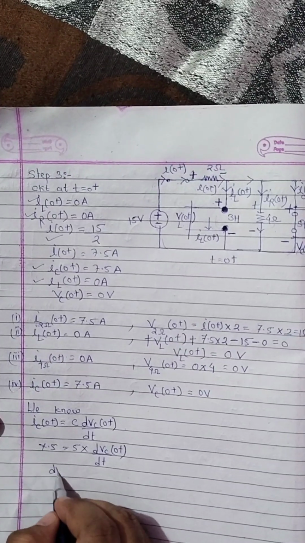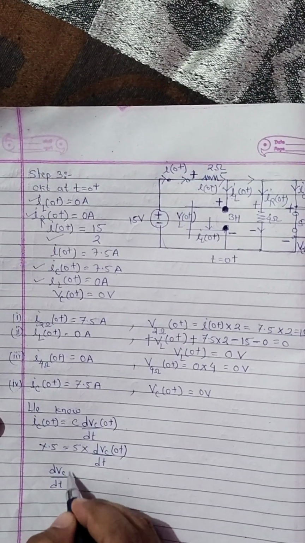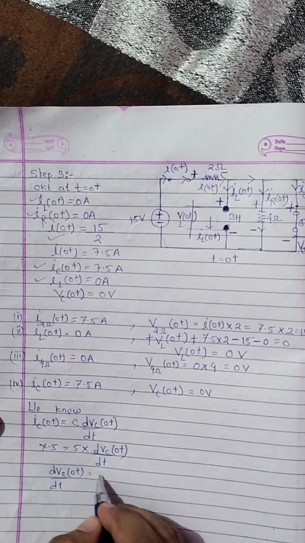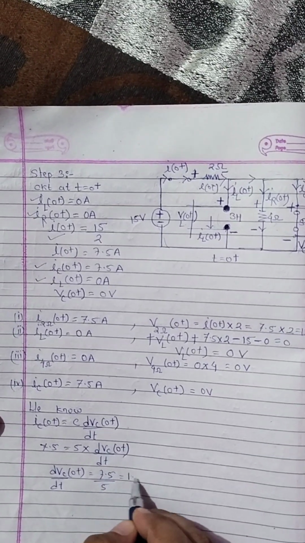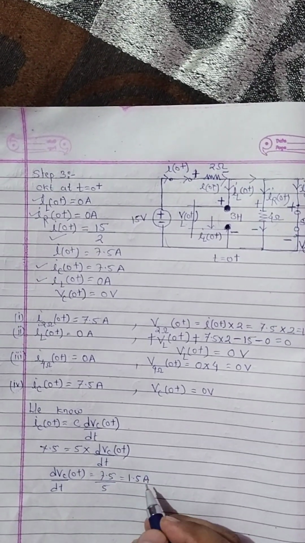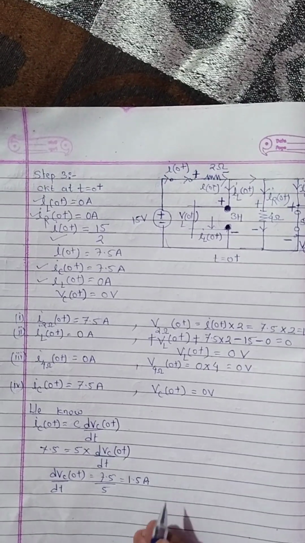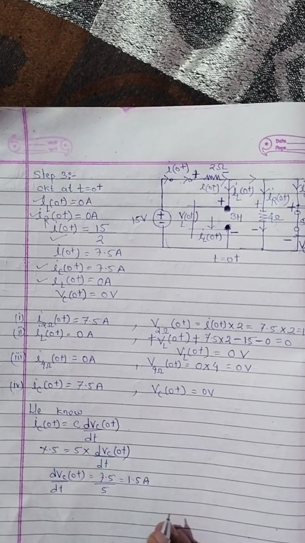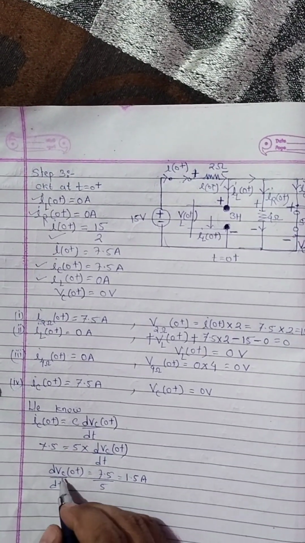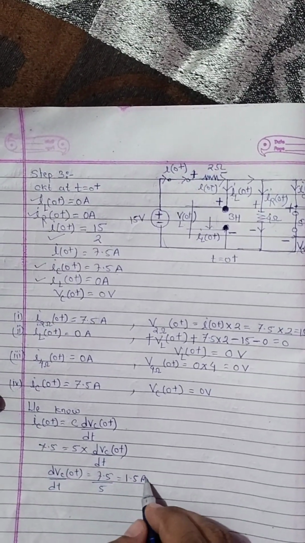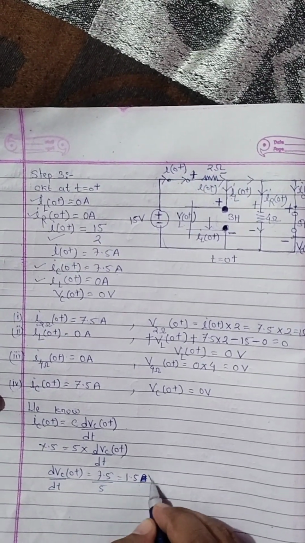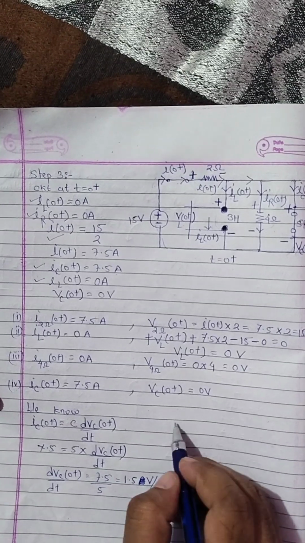So dVc upon dt 0 plus equals to 7.5 divided by 5, that is 1.5. This is a difference of volt and this is a difference of time, so its unit is volt per second.